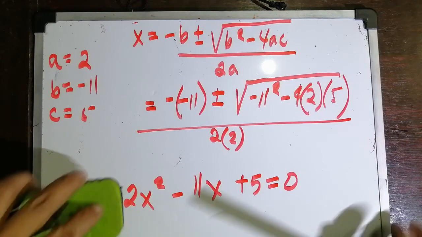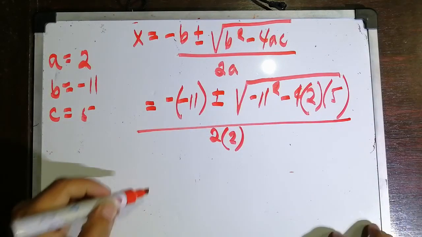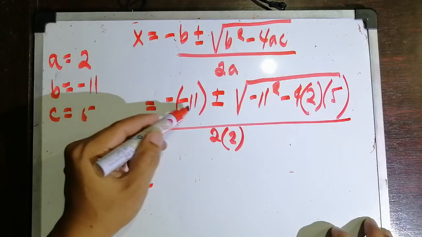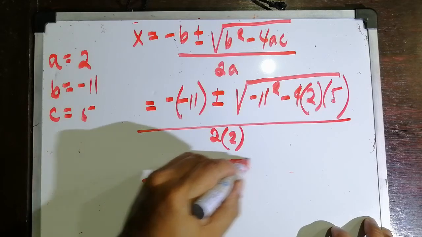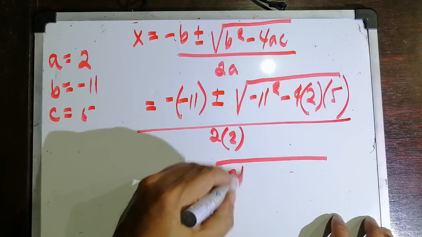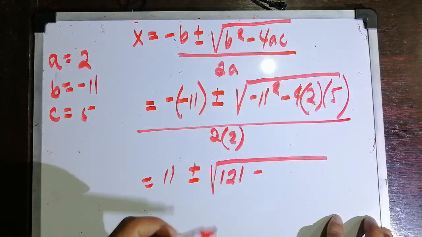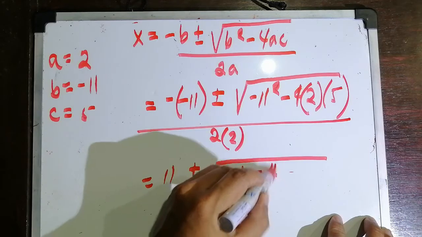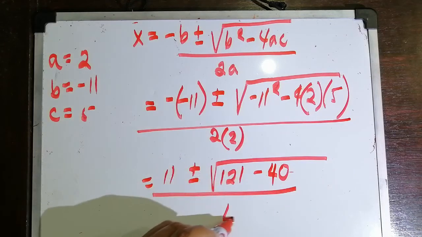Next, let's simplify. So negative times negative is positive 11. Plus or minus negative 11 times negative 11 is 121. Minus 4 times 2, 8. Times 5 is 40. Okay? 40. All over 4. That's 2 times 2 is 4.